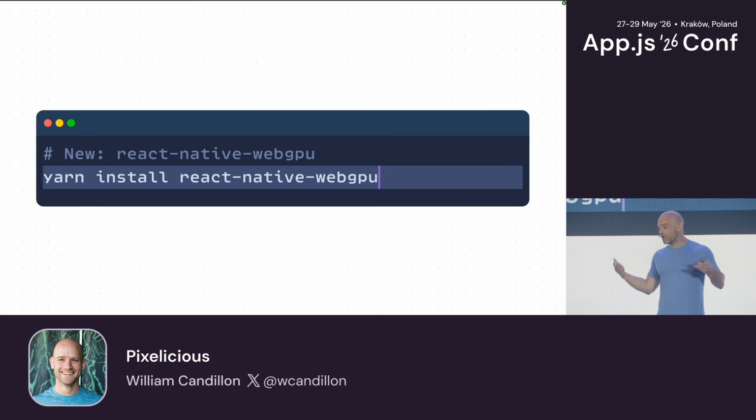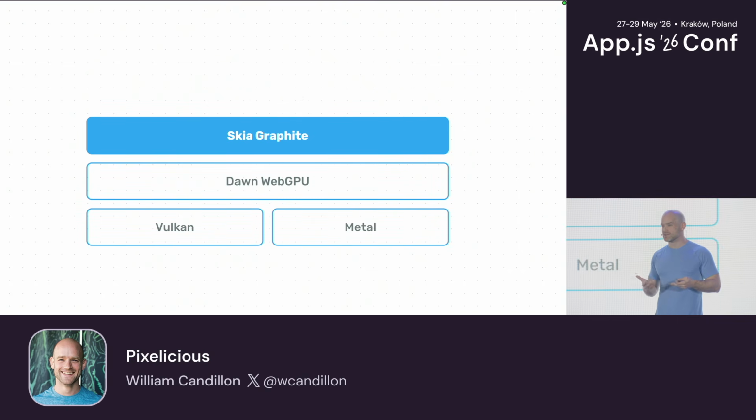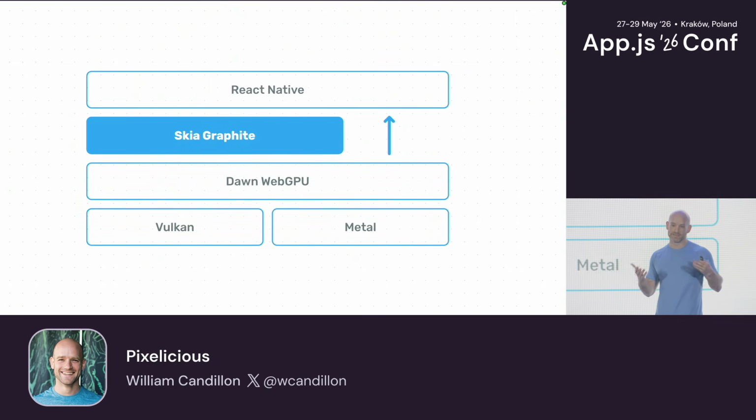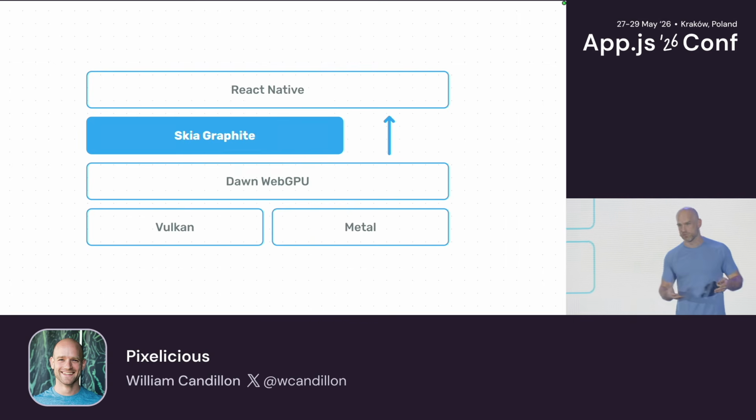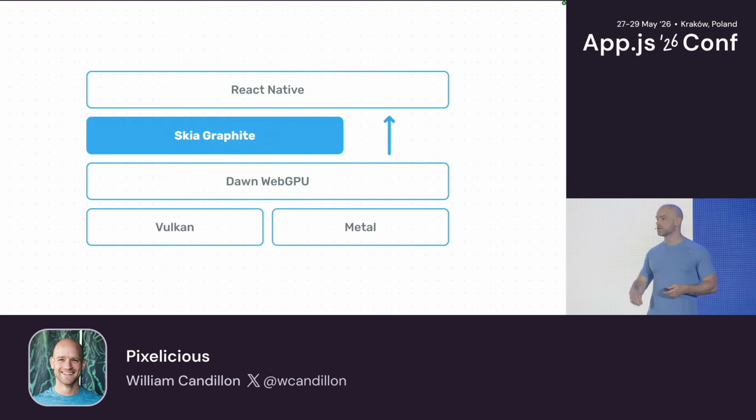One of the goals when we introduced React Native WebGPU was to modernize the React Native Skia architecture using a new backend of Skia named Skia Graphite, which runs on top of WebGPU. So on Android, instead of using OpenGL, we use Vulkan. We do it through the WebGPU API.